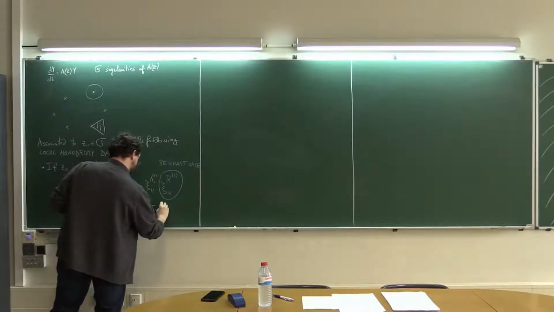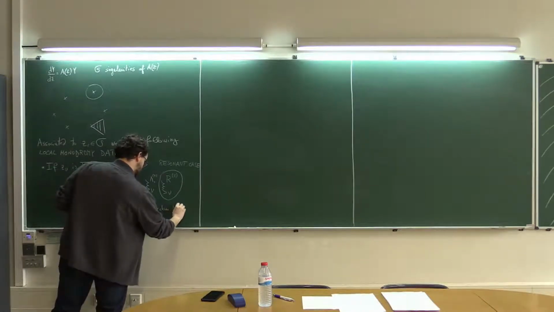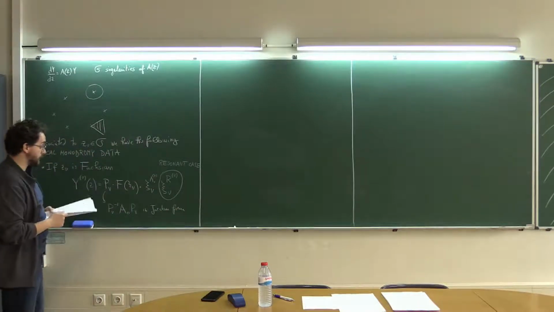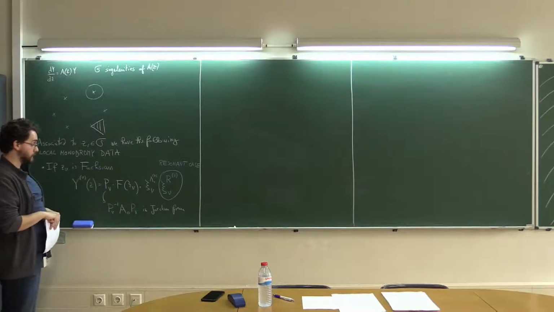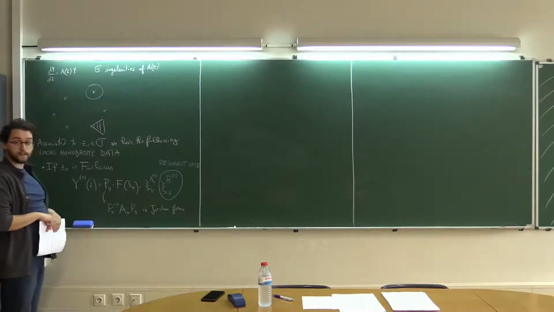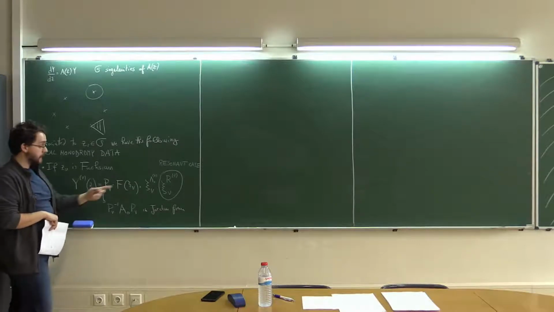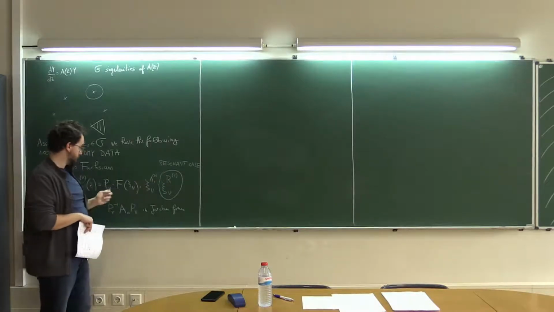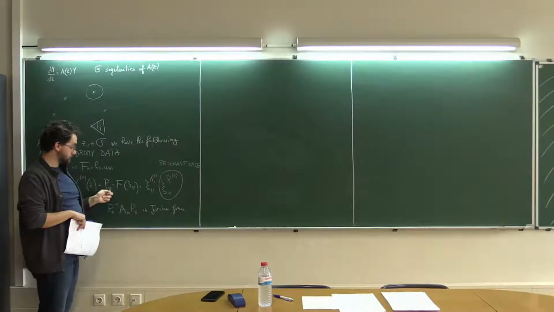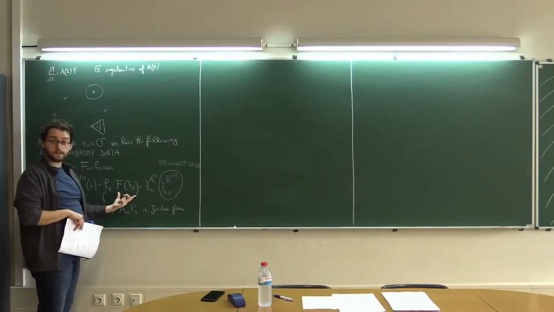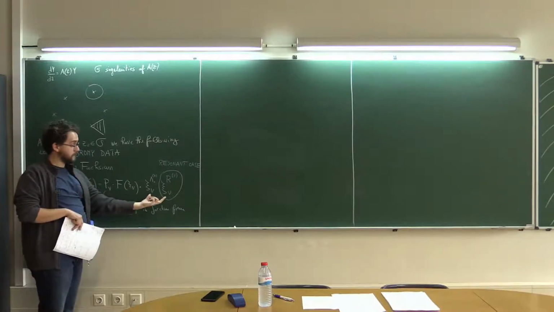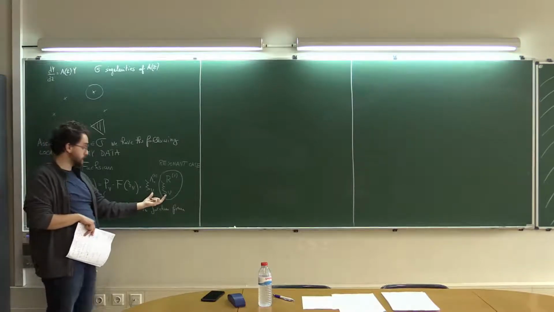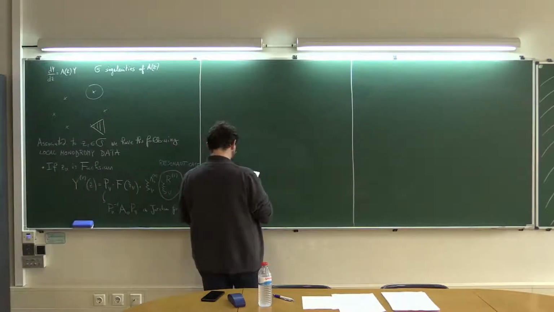From this formula, it is immediately clear that the responsible for the multivaluedness of solutions of this form are these two exponents. This is just a constant matrix with respect to z. This is a power series in integer powers of a local variable ξ_ν. So the only responsible for multivaluedness are these factors.